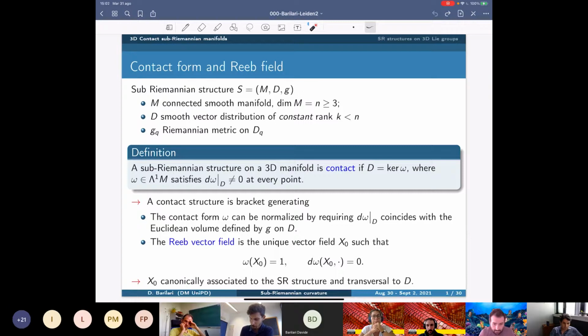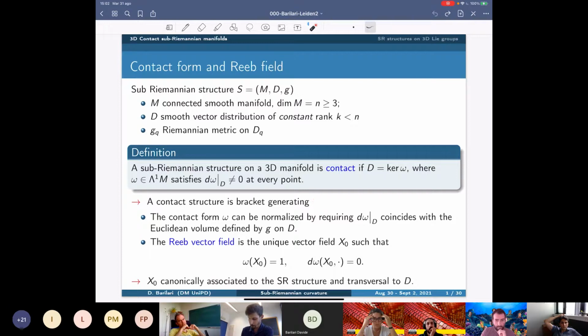On a three-dimensional manifold, which we consider most of the time, we have a contact distribution, meaning that D is the kernel of a one-form whose differential is not zero when restricted to the distribution. This is equivalent to all the other definitions or conditions we have seen yesterday. Let us remember that this also means that the contact structure is bracket generating.